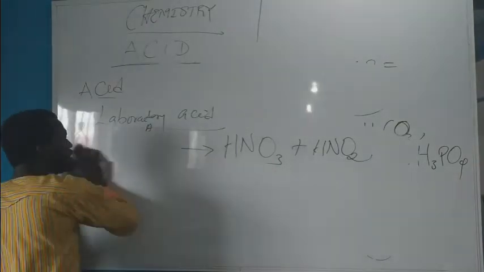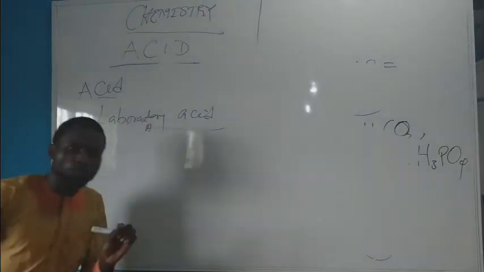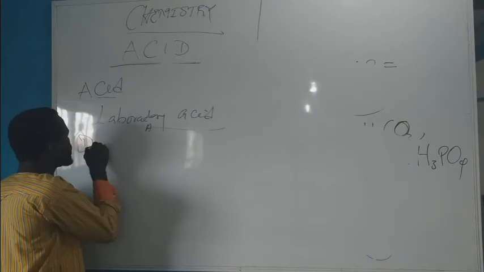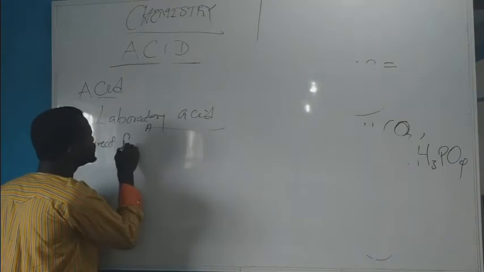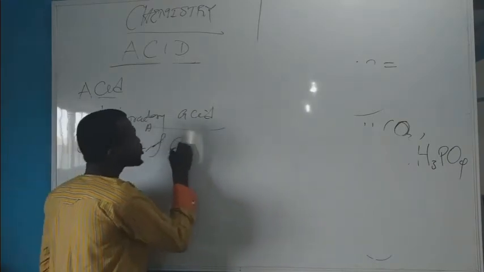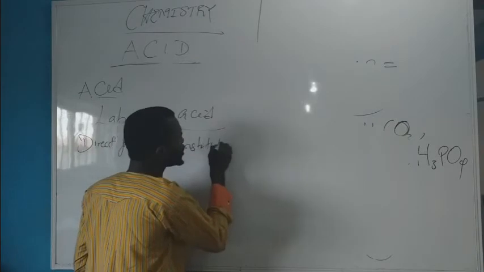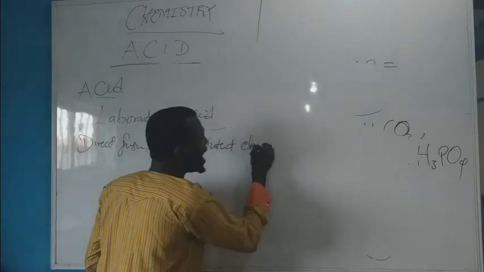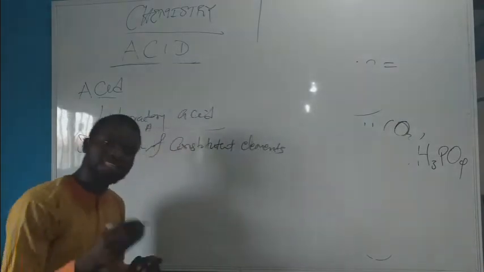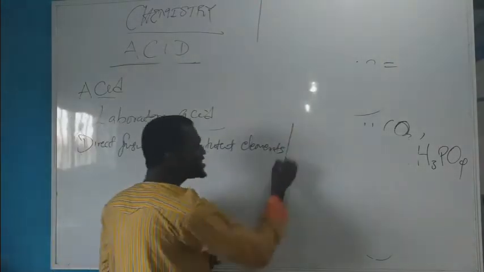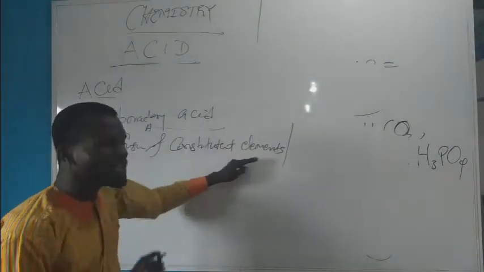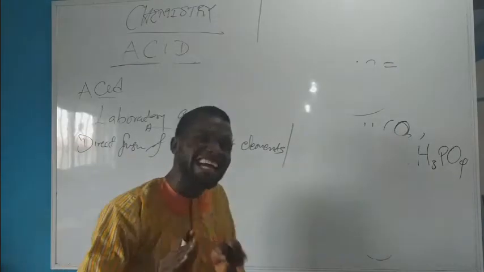Now, that is the first method, adding non-metallic oxide to water. Then the second one is direct fusion of constituent elements. Now, some students may find this difficult to rattle off. This second mode of preparation is peculiar to hydrogen halide acid.